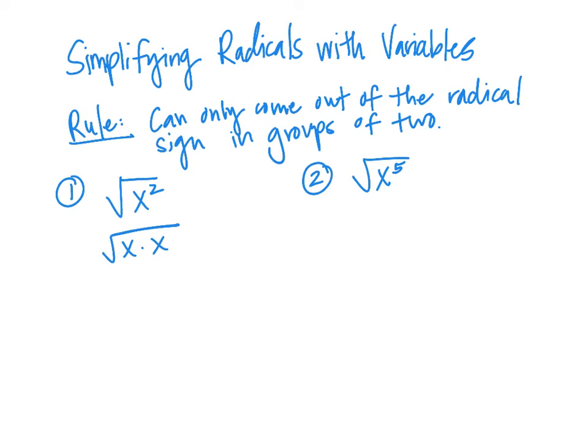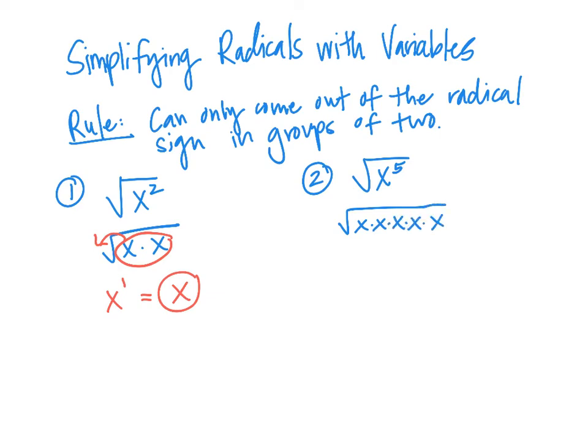And let's take it out as a group of 2. And since there's only one group of 2, this is x to the first power, and we don't need to write it like that. We're just going to write it as x. Okay, so now let's try the second one. Let's rewrite it as the square root of x times x times x times x times x.